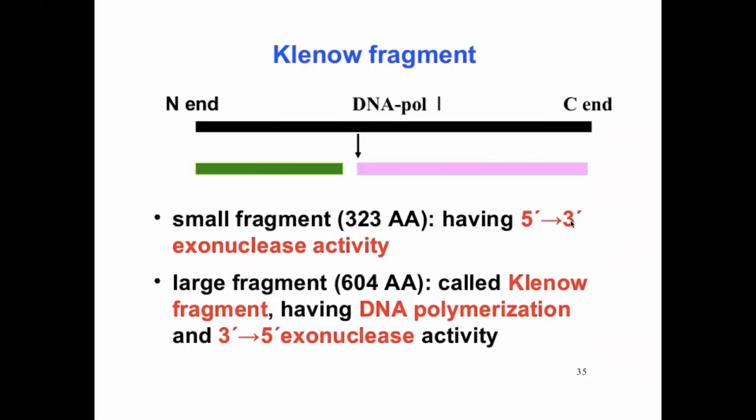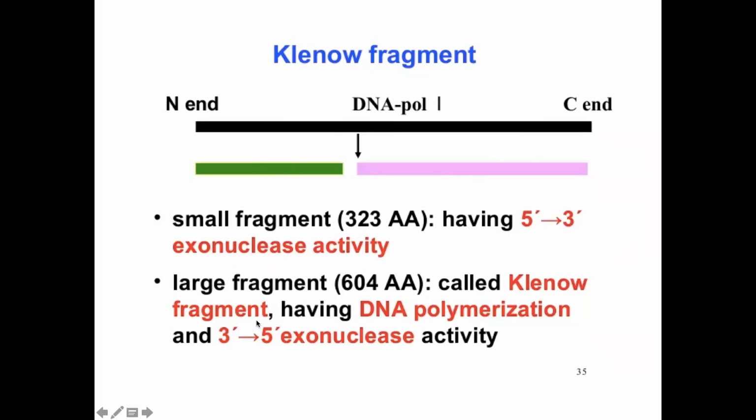Okay, so that 5' to 3' exonuclease activity is associated with this smaller fragment of the original enzyme. The other 2 catalytic domains are contained within the large fragment. This larger fragment is sometimes referred to as a Klenow fragment.